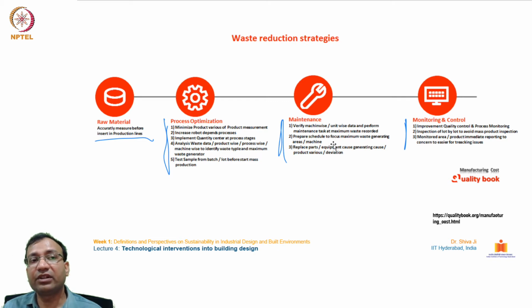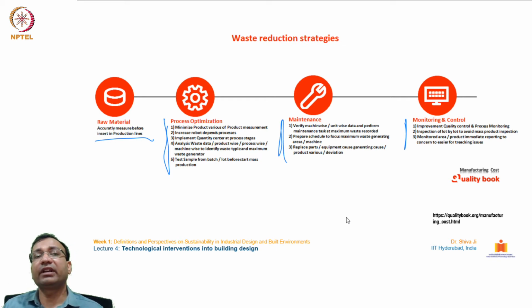Second, prepare a schedule to focus on maximum waste generating areas and machines. Third, replace parts and equipment causing product variations and deviations, etc. So these are the final points. Over here we can see how this maintenance can be taken care of by going for repairs, going for preventive checkups, etc. of the system.